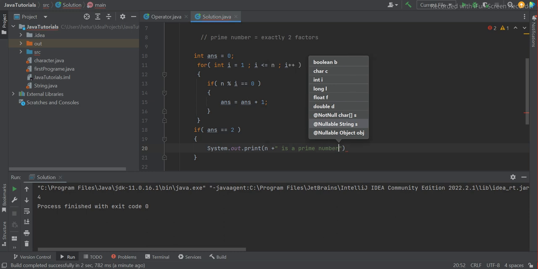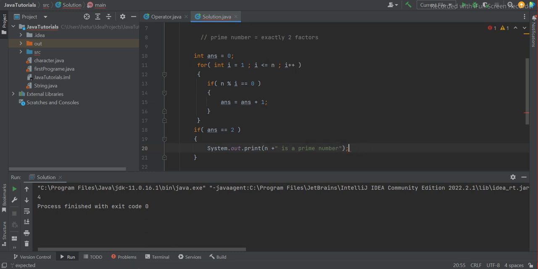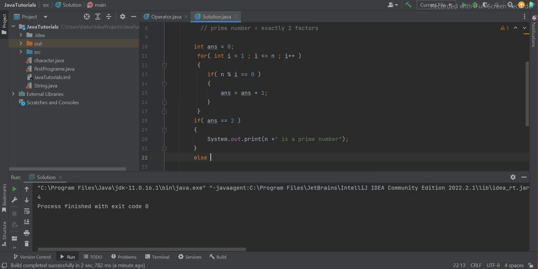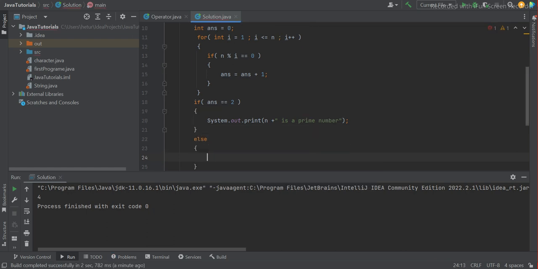Otherwise, it will go to else, and I will say n is not a prime number. If my factors are only 2, then it is a prime number, otherwise not, right? Hope this will work.